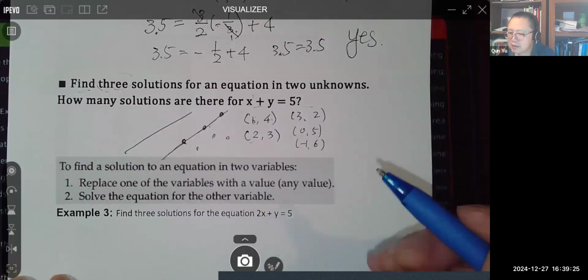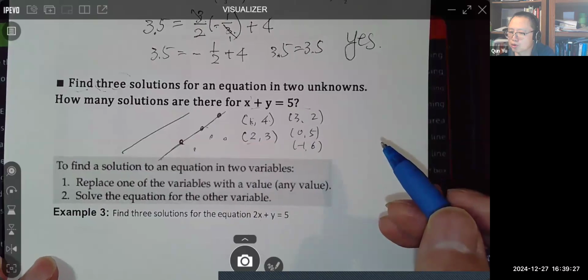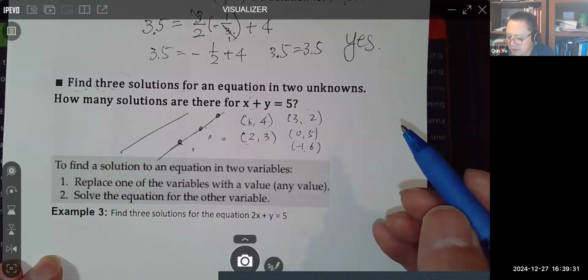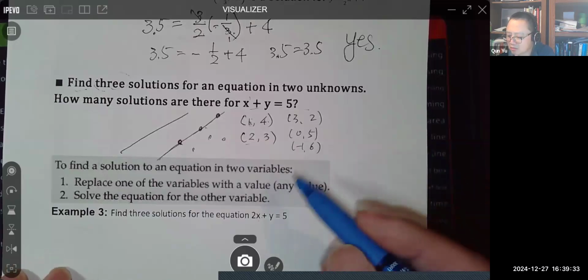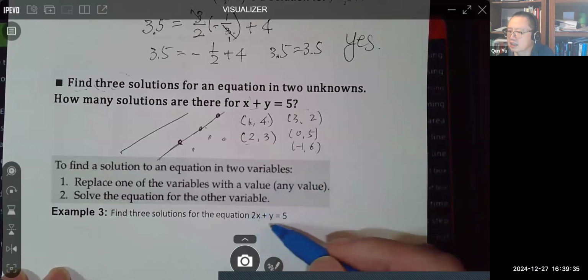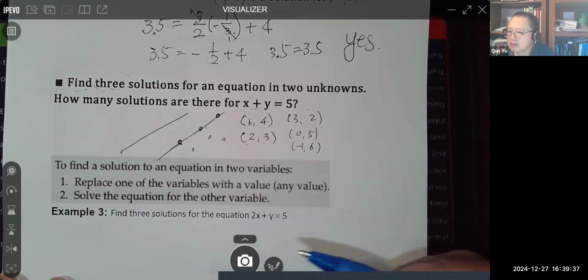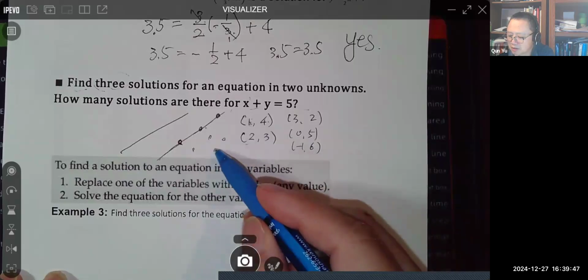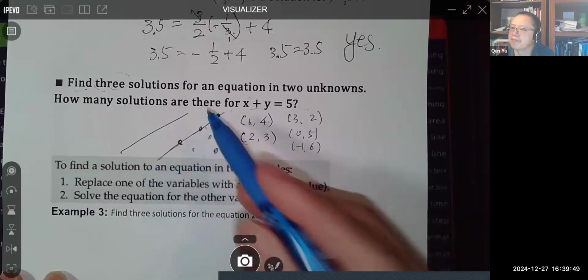But the thing is that you cannot choose 2 random numbers, one for x and one for y, because your numbers have to be a solution to this equation, which is a line. In other words, in terms of the graph, your solution to the equation will be a point on the line. If you randomly choose 2 numbers, you get a point, but that point is not necessarily on the line.